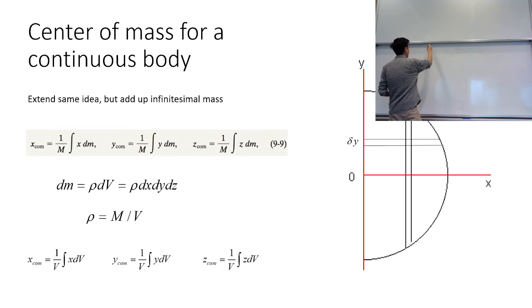So, for example, in this semicircle example, here are our coordinates x and y, and if we just stick to a two-dimensional example, what we can do is consider just a tiny square on this thing.